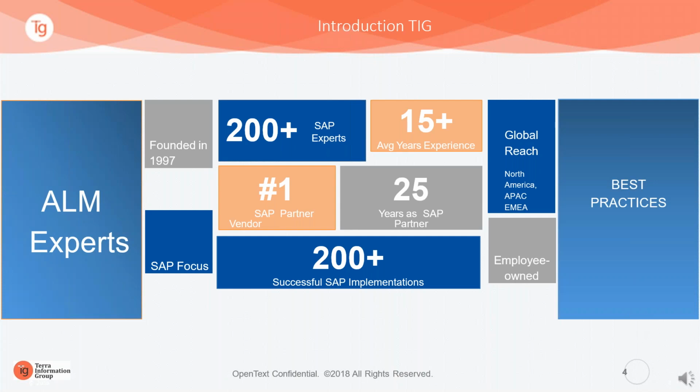And from an overall project standpoint, we have completed over 200 SAP implementations to date, and we're also proud that we are an employee-owned company. So we've been around and we're not going anywhere. We've been here for 25 years. We plan on being around another 25 years. So your commitment and our commitment to the SAP ecosystem is firm and strong, and we'll be here for a long time.